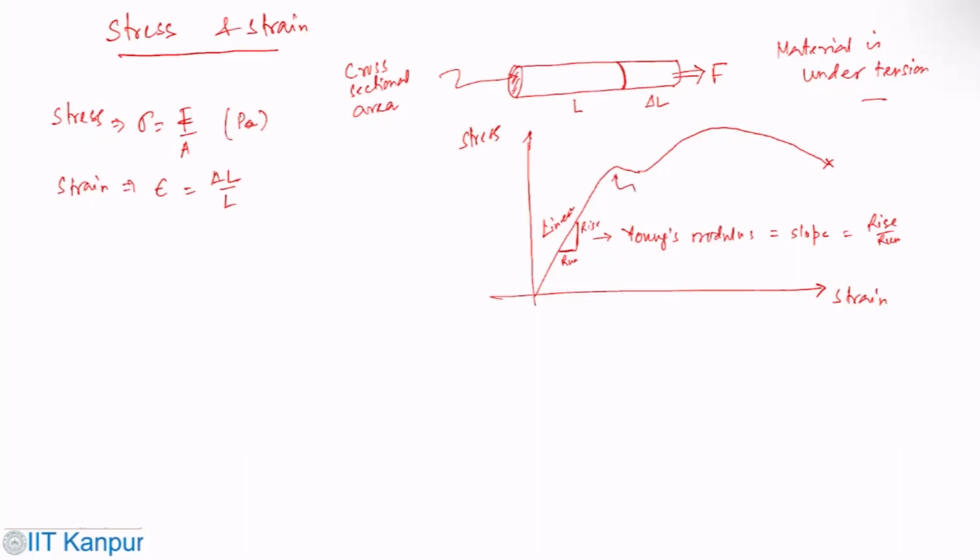This point is the yield strength. Somewhere here is the ultimate tensile strength.